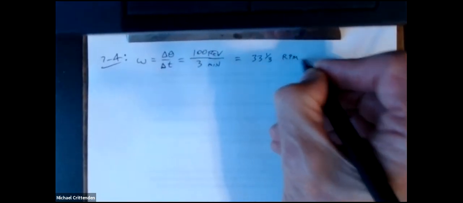100 revolutions divided by 3 minutes. Revolutions per minute is often abbreviated RPM.